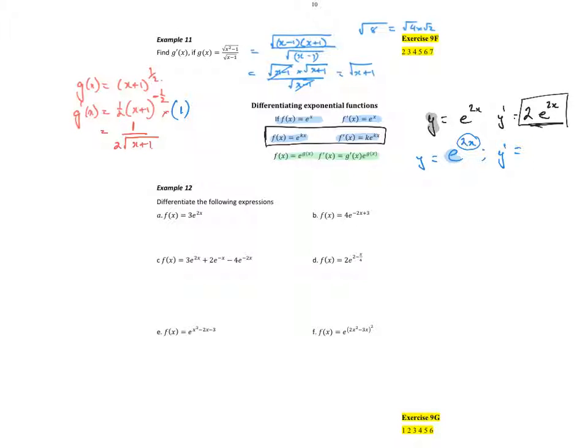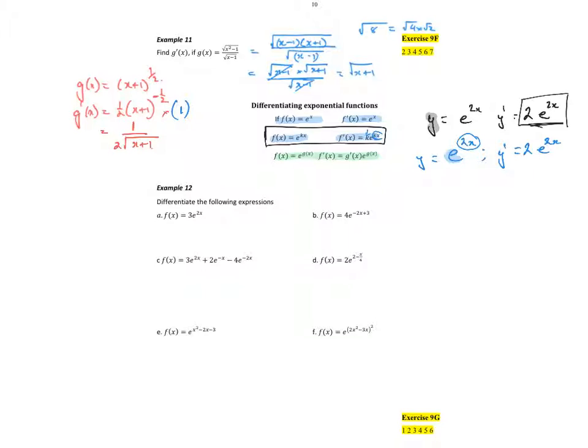So the derivative of 2x is just 2e, and we don't touch the power at the top. All right. So in the case where it's just a 2x, 3x, 4x, etc., or a kx, the derivative just happens to be that k term.